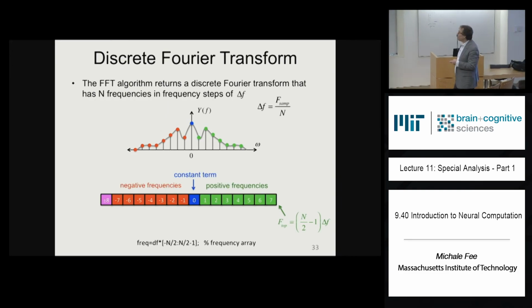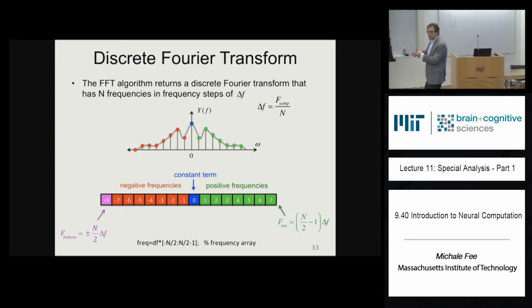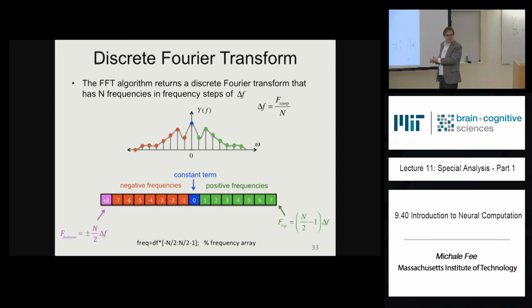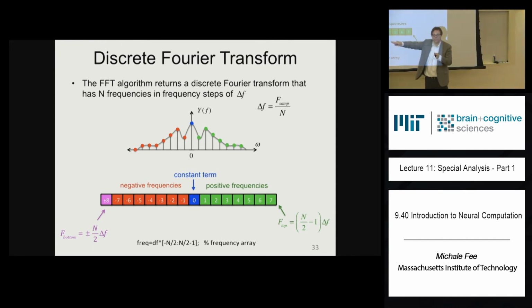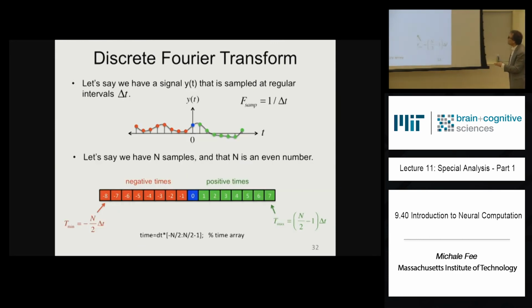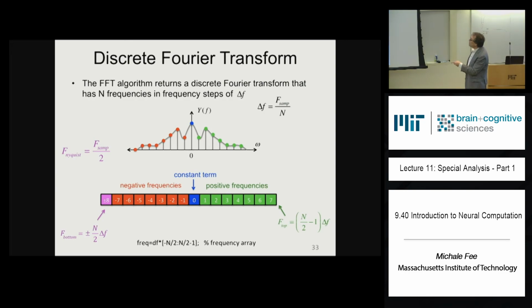What you get back from the FFT is an array, not of values of the function of time, but rather an array of Fourier coefficients. Just like with the complex Fourier series, we stuck in a function of time and got out a list of Fourier coefficients. Same thing here. We put in a function of time, and we get out Fourier coefficients.